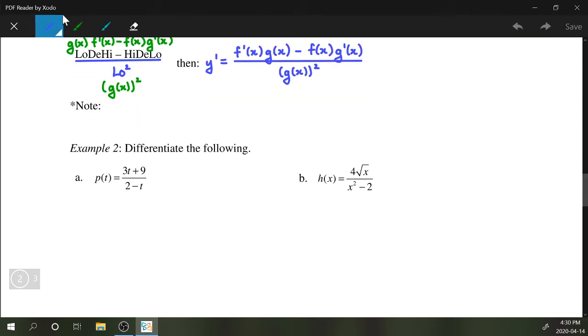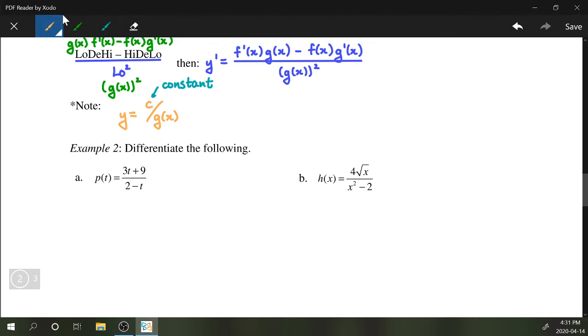let's say you have a function here that is y equals c over g of x. Now, of course, g of x is a function in terms of x where c is a constant. So let's see what happens if we have a constant divided by a function.